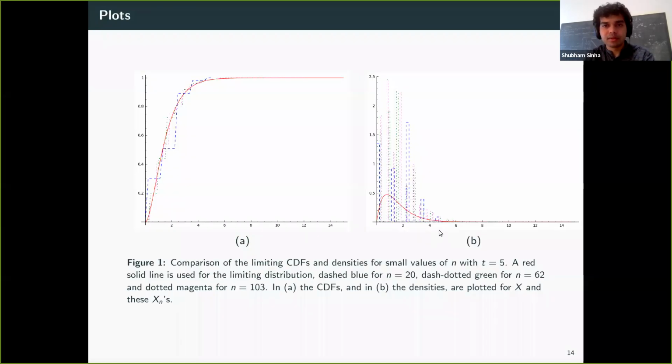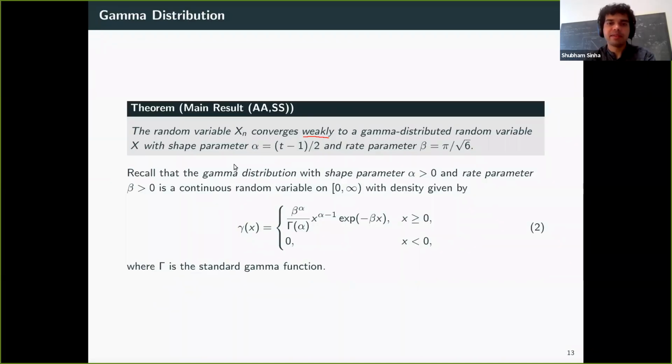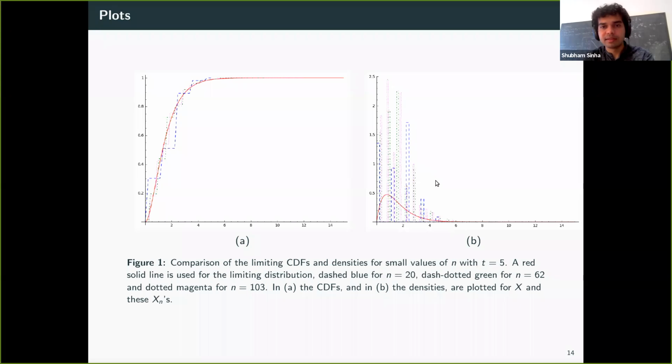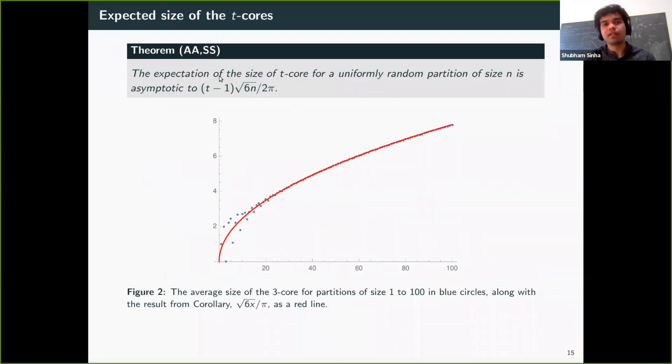But basically, we understand the distribution of the size of t-cores, and this gives a nice corollary, or here I just said a theorem. This was the main motivation to study this, and we found that it's a gamma distribution.